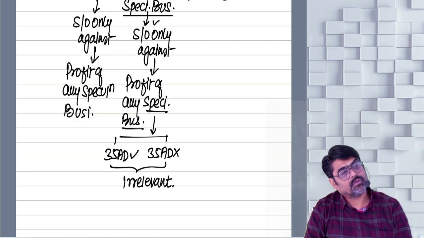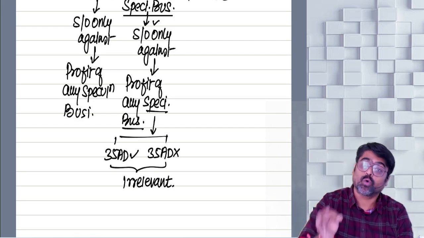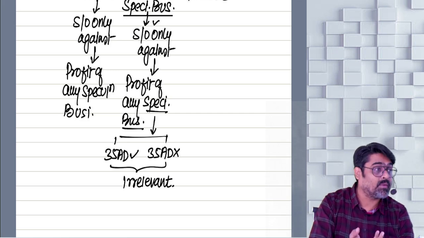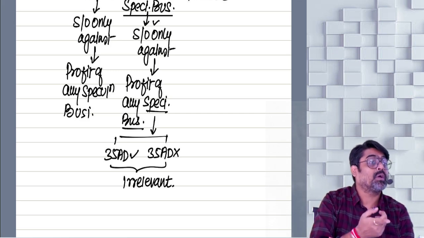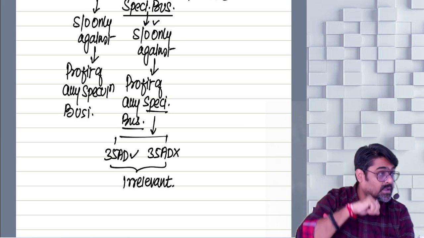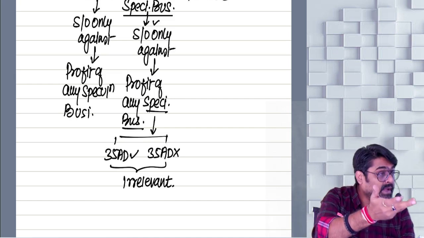So if you have a loss of any specified business, then that loss can be adjusted only against the profit of any specified business. But it is not required that, if you want to set off the loss against the profit of specified business, for that specified business you are getting the deduction under section 35AD. You might get or you might not be getting the deduction.